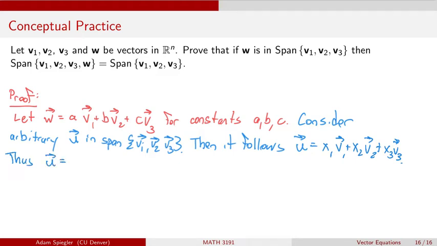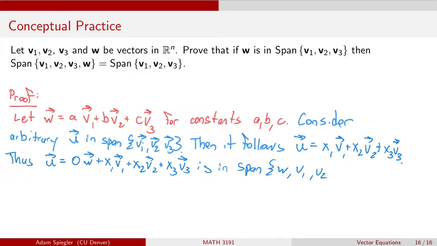Thus, we can write it as 0 times the vector w plus x1 times v1 plus x2 times v2 plus x3 times v3, where x1, x2, and x3 are all constants. So this would tell us that this vector u sits in the span of the vectors w, v1, v2, and v3.